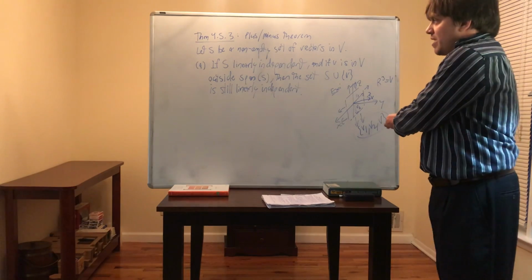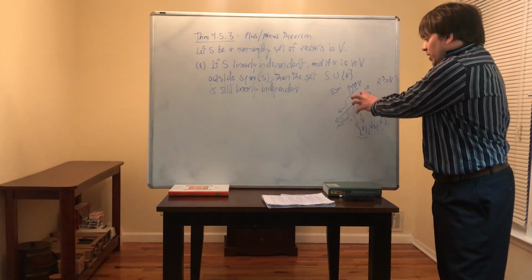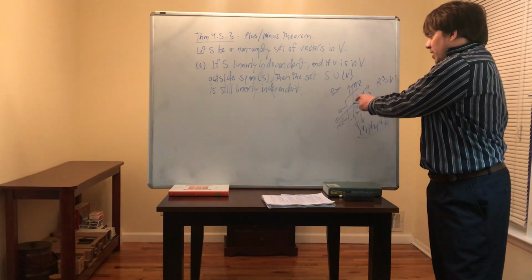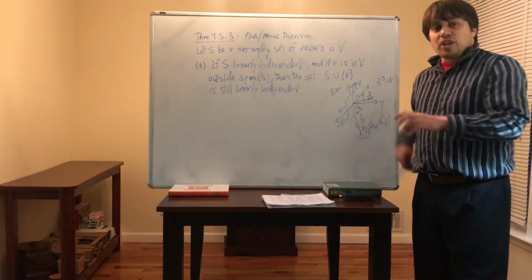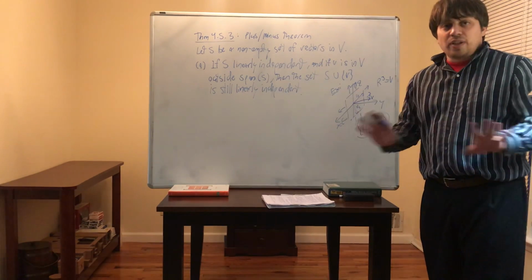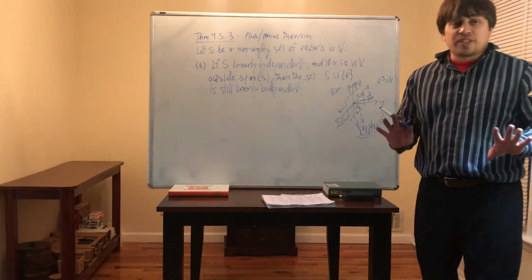That's what part A of this theorem says. So v1 and v2 being non-collinear vectors in R3 would determine a plane, the only plane that those two non-collinear vectors could sit on.